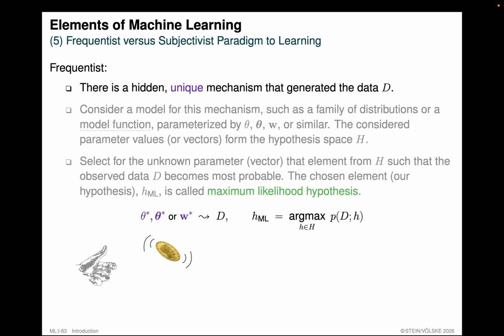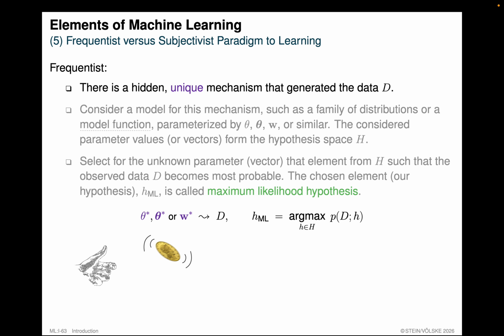And now, if we consider that, all we have to choose now is a model function. For example, the binomial distribution, which models the coin flip. It's like a binary outcome. And then choose the parameter which maximizes the probability of seeing the data that we recorded.